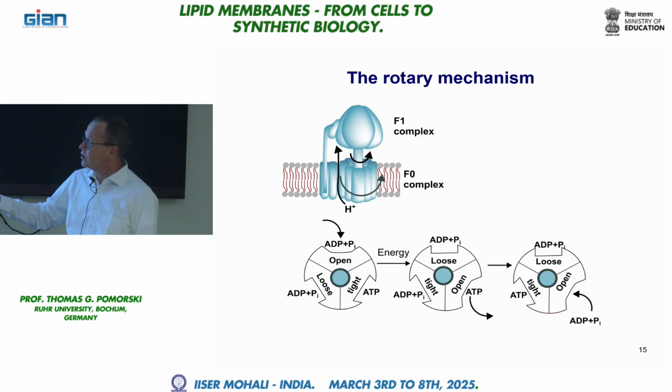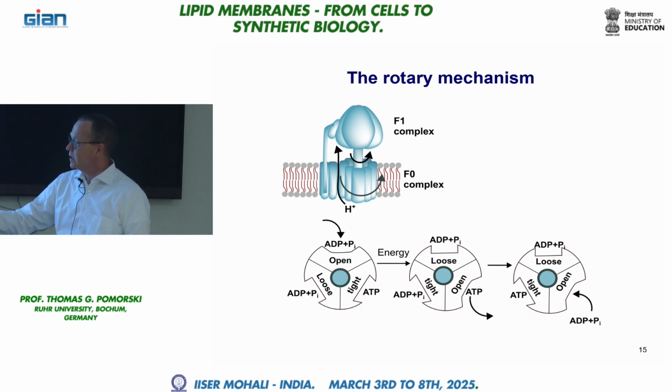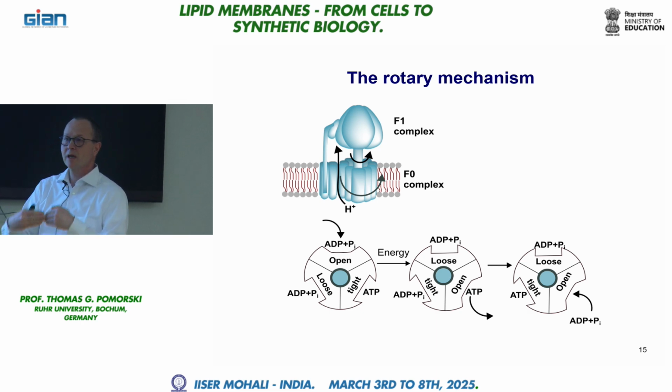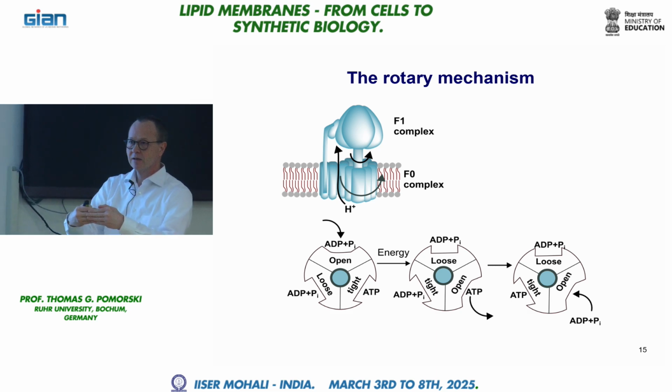This rotation would affect the conformation of this F1 protein complex. It's in 3 subunits that can bind ADP, phosphate, make the bond, and you get ATP. It does it in a cycle. You have 3 subunits, and each of them can bind the ADP, the phosphate, and link it.